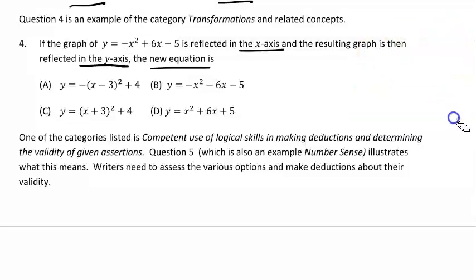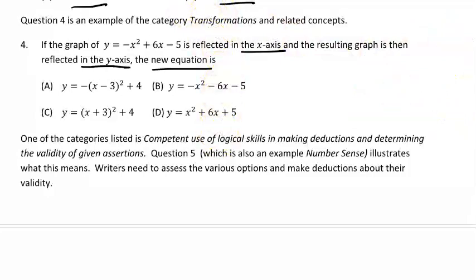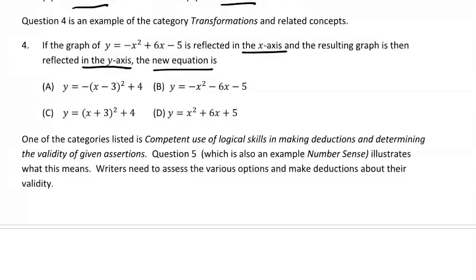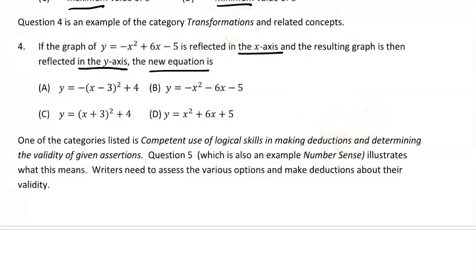Transformations. As you can see, it's going to be reflected in the x-axis first, which they tell us. For an x-axis reflection, the point will go from here to here, right?